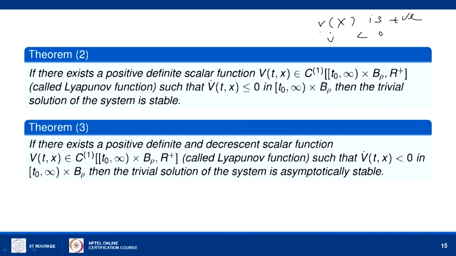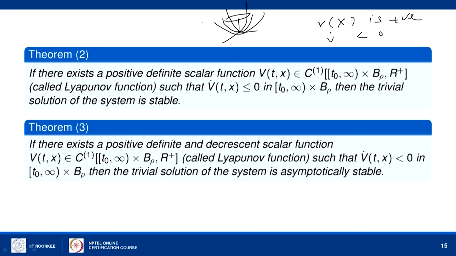But for the time invariant case, if a function v of x is positive definite, automatically it is decrescent also, because it is a single surface, we can find a surface below that as well as above that, both can be easily found out.